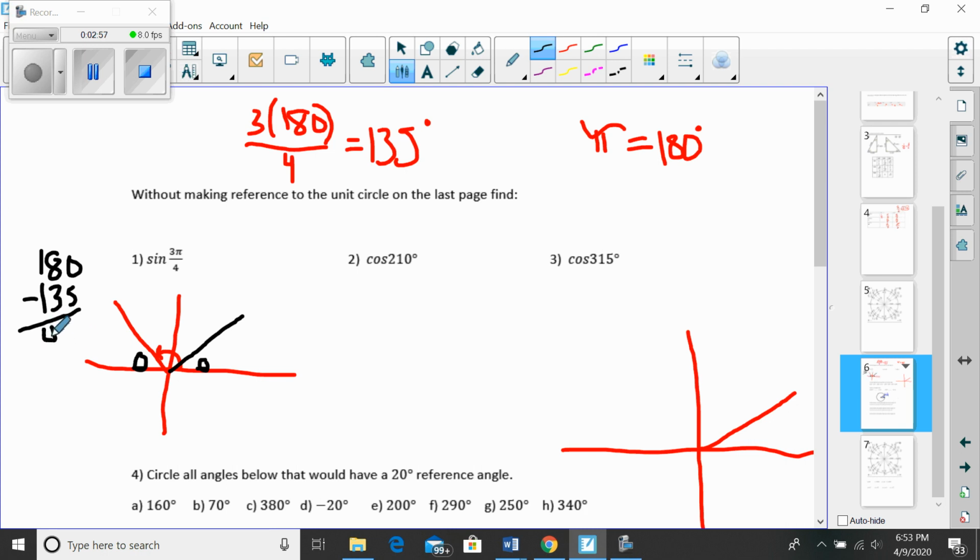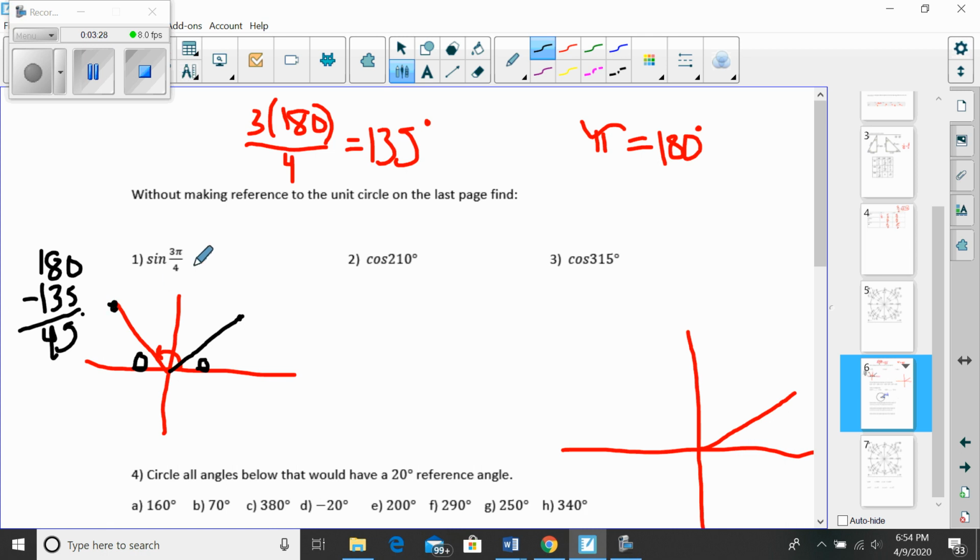And that would get me 45. So this is 45 here, this is 45 here. So these points would have the same x and y coordinate, other than the fact that the x value here would be positive, the x value here would be negative because we're in the second quadrant.